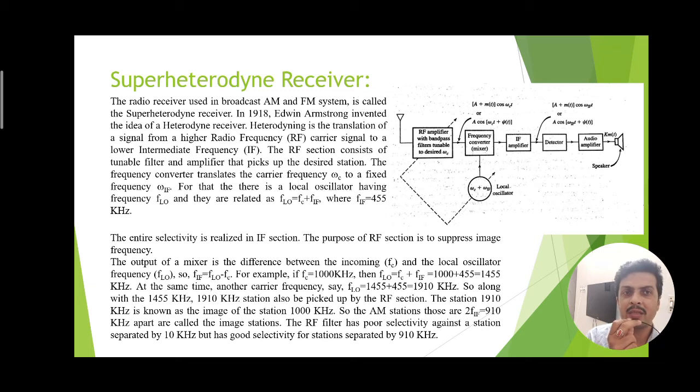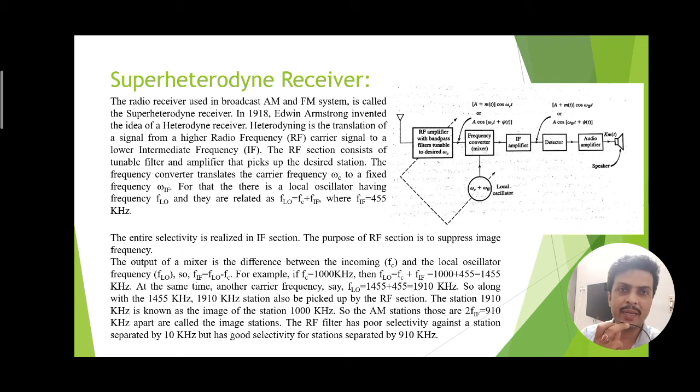The RF section consists of a tunable filter and amplifier that picks up the desired station. The frequency translates the carrier frequency omega c to a fixed frequency omega IF.